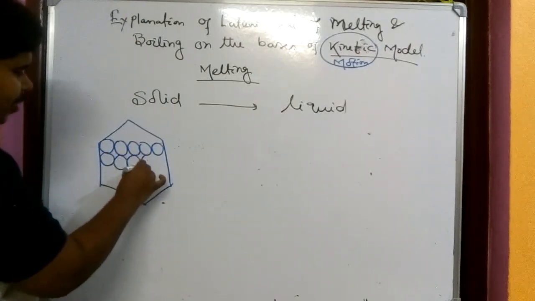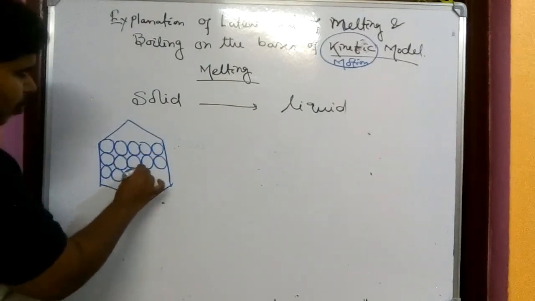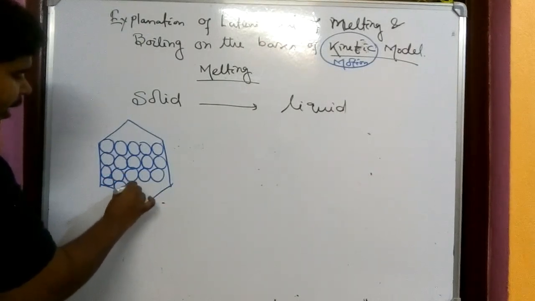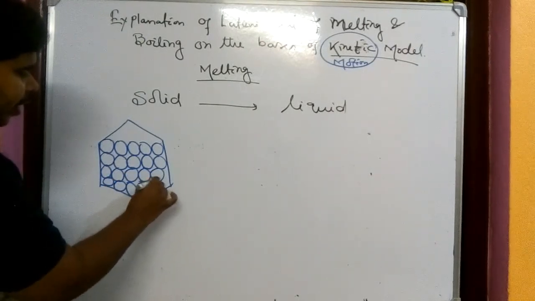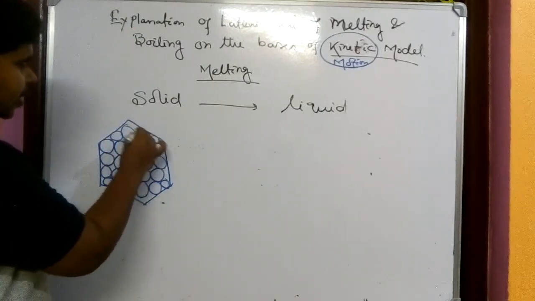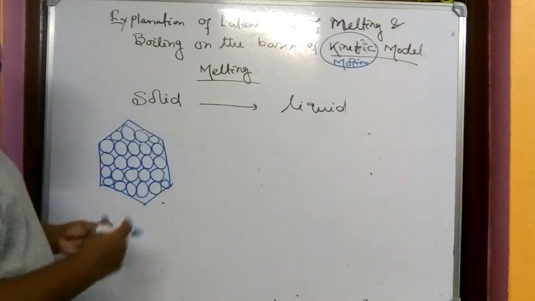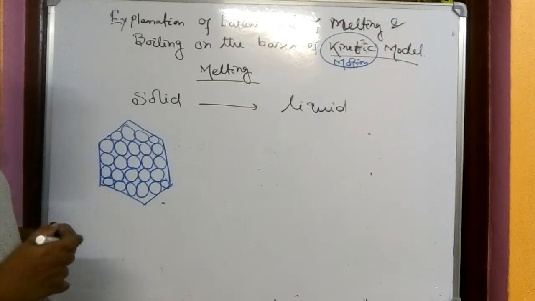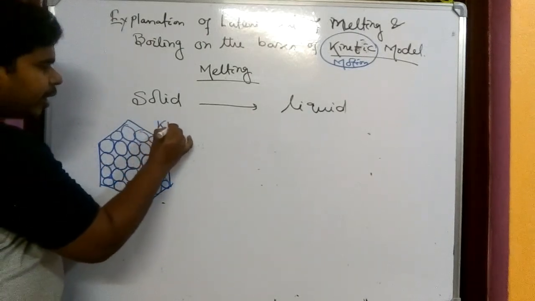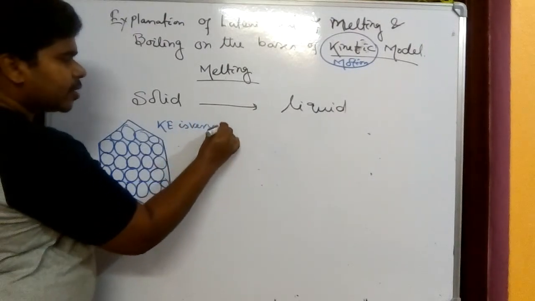So as per the kinetic model, as the molecules are very closely packed, they cannot move here and there. You have read it in class 6 only, you know that very well. So the molecules are so closely packed, they cannot move. So for the case of solid, we can say the kinetic energy is very less.